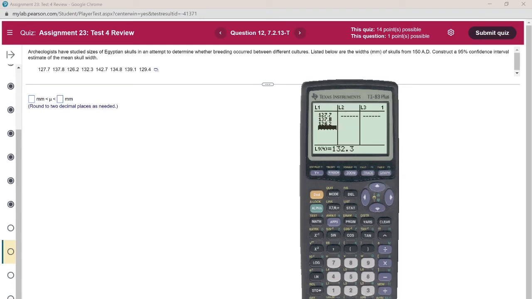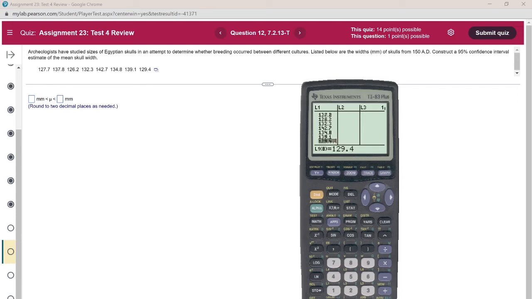132.3, and I'm going to use this list 1 while calculating the confidence interval. 142.7, and then 134.8 and 139.1. So finally 129.4.